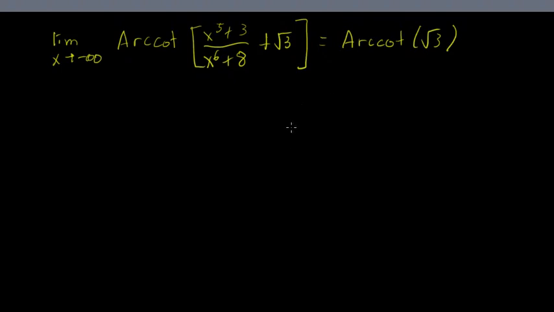So you may or may not remember from pre-calculus that this is how the arc cotangent function looks. So I'm just going to draw it here and then explain it. So this is pi over 2. This is pi.